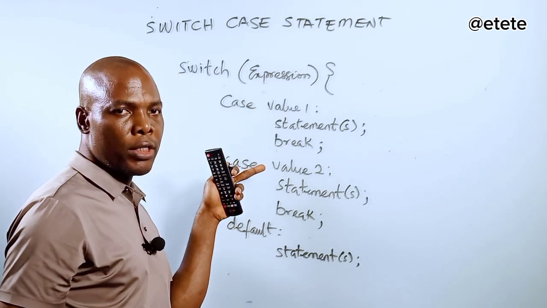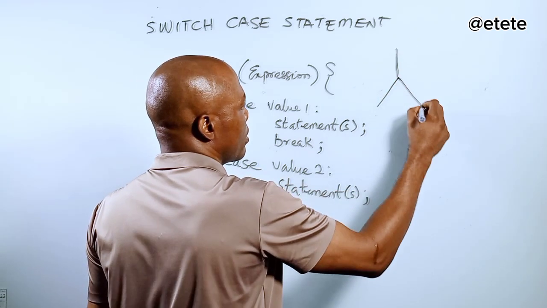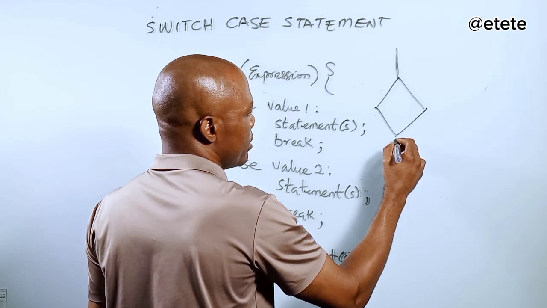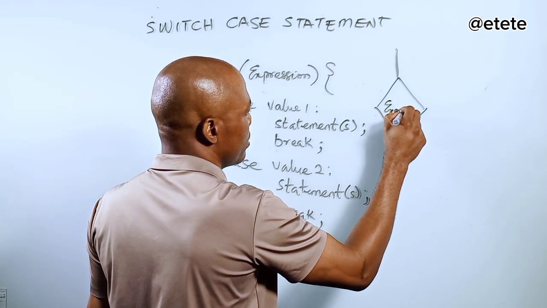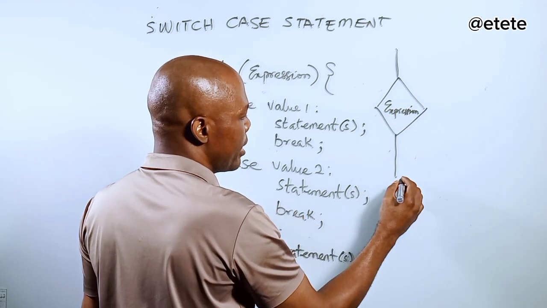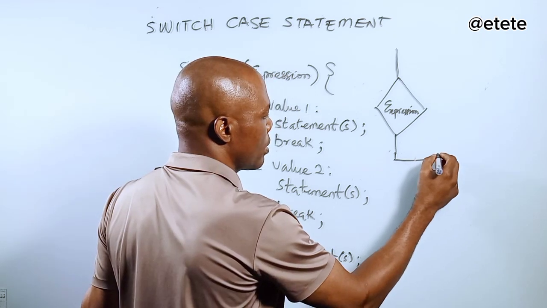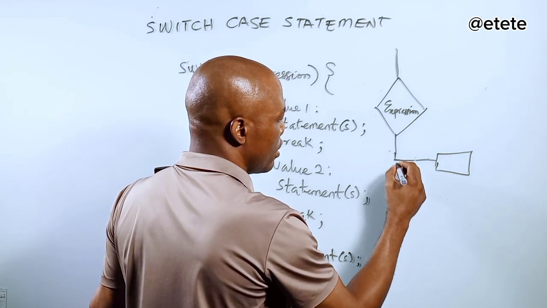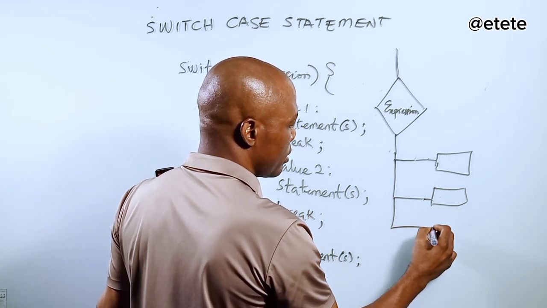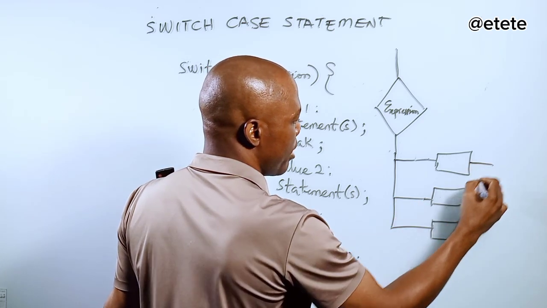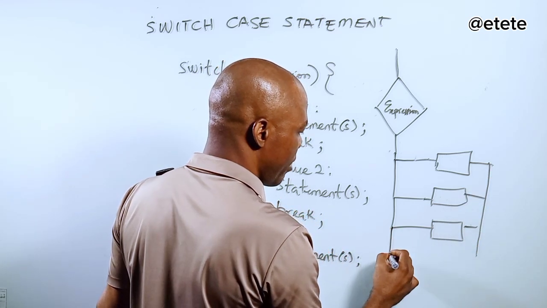Now, what is the flow chart for this? You have something like this. Then you're having this expression inside here. So then you test the first case, second case, third case. So you have all this coming.